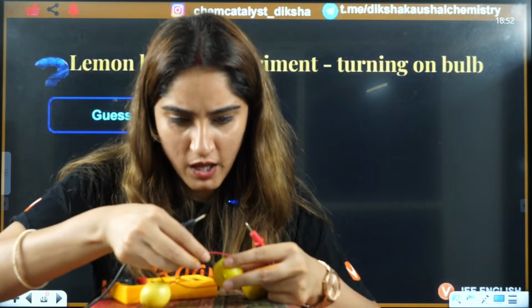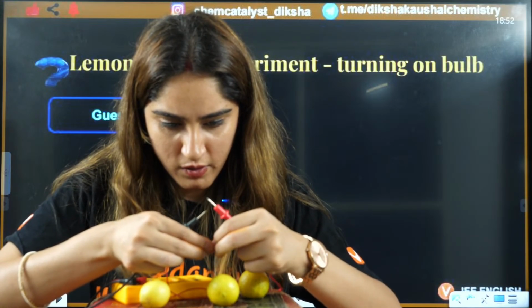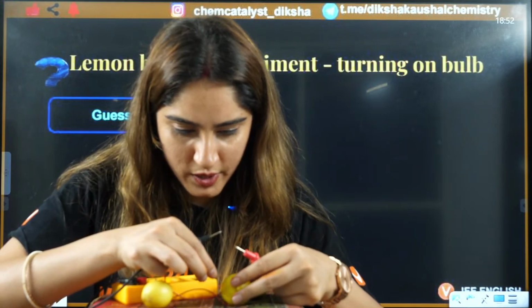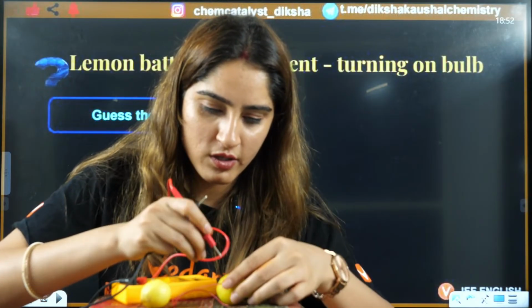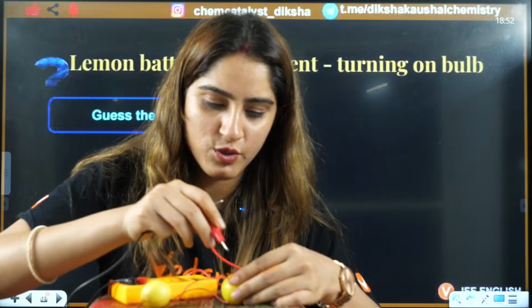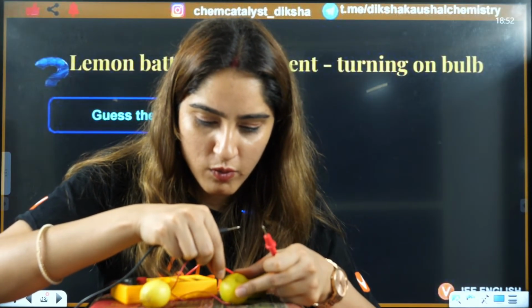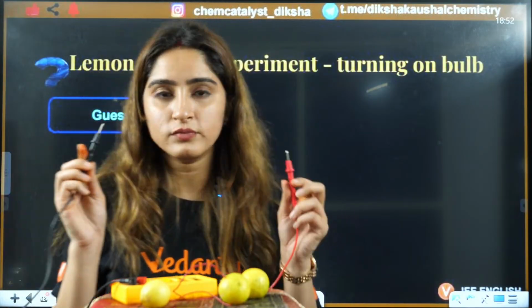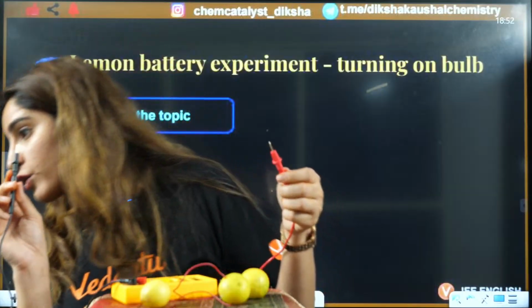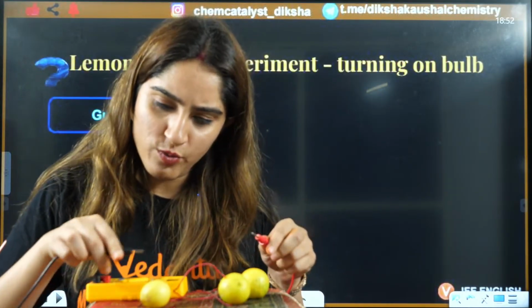Okay. I hope I didn't break the wire. I can just make a hole here with this one and put it there. Yes. Okay. Now, I'll see whether it is there or not. Okay. Let us see that. First, I'll do it myself only.